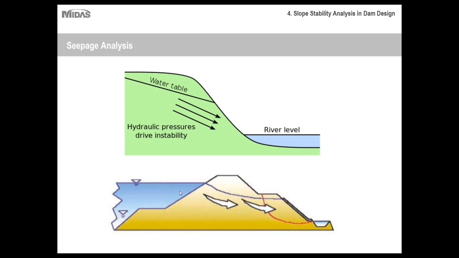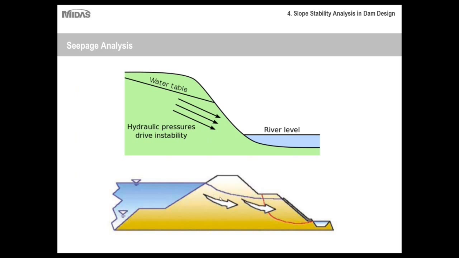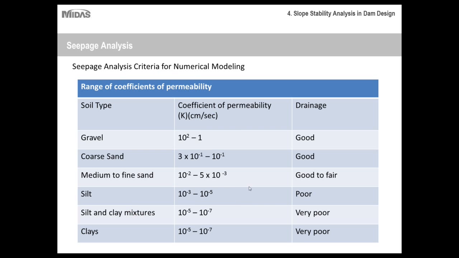So whenever engineers design embankments or dams, they'll always take into account the seepage, and they want to make sure that the seepage won't cause any failure on the dry side of the embankment. So in order to calculate the forces or the seepage that's occurring in this dam, they need to run a seepage analysis.